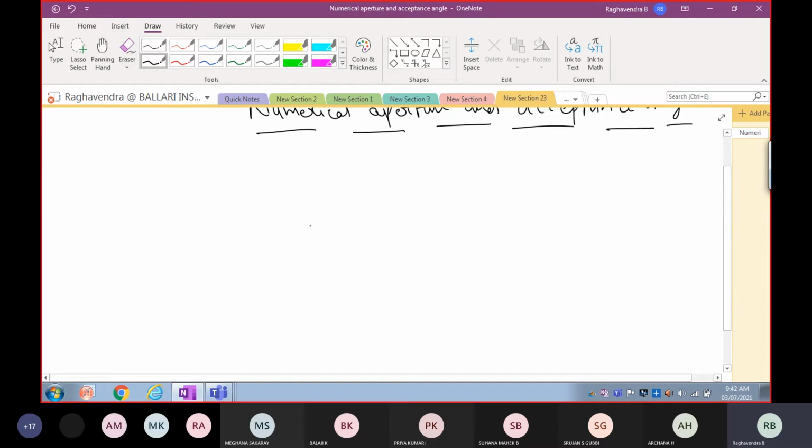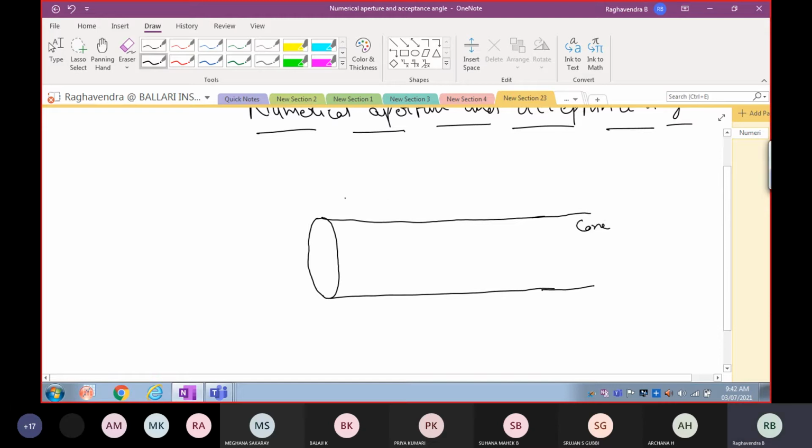Consider an optical fiber. So this is the core part of the optical fiber. So this is core.